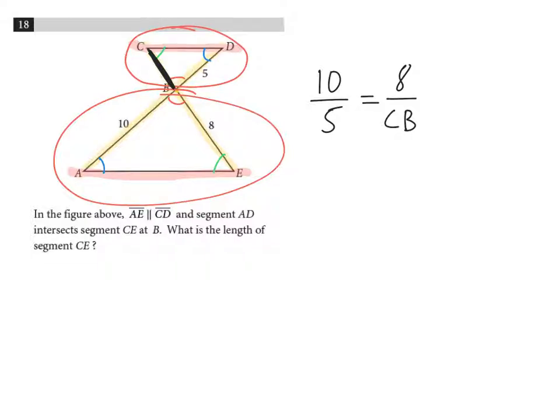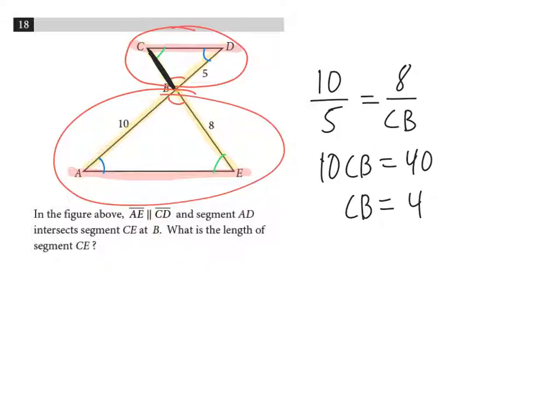We're just going to solve this for CB. We get 10 times CB equals 40. CB equals 4.